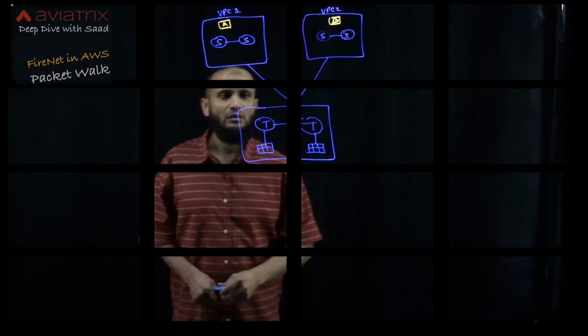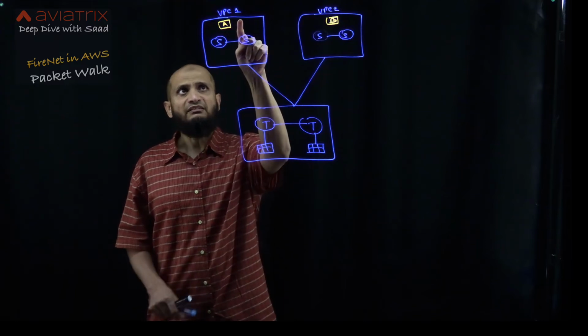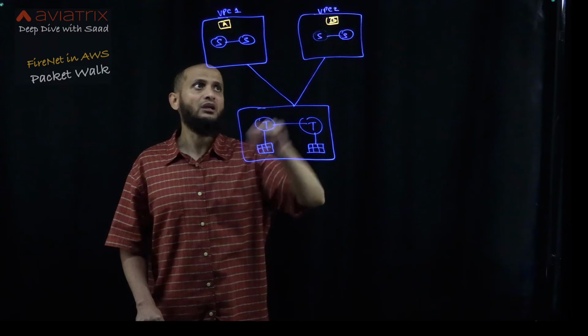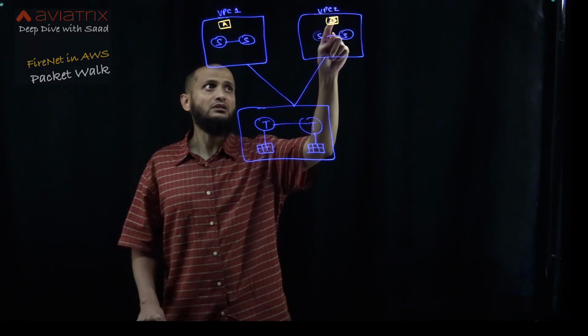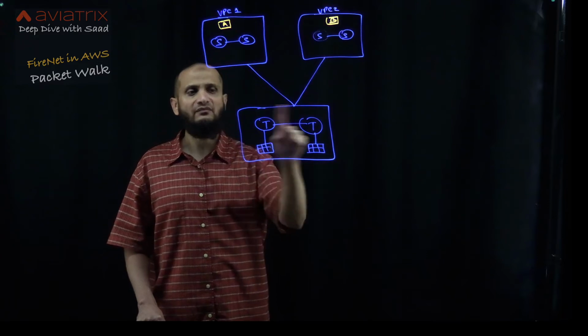Now let's do a packet walk for a small transit FireNet architecture. I'm going to draw 2 spoke VPCs and 1 transit VPC. All right, in this architecture, let's assume in VPC 1, application A wants to communicate with VPC 2, application B, through this transit FireNet.